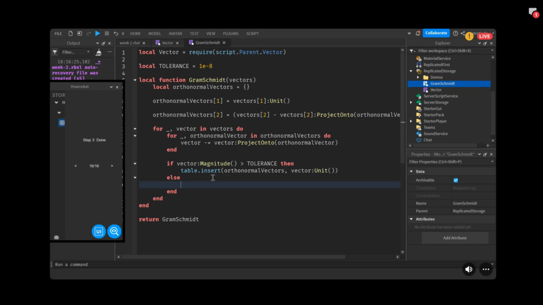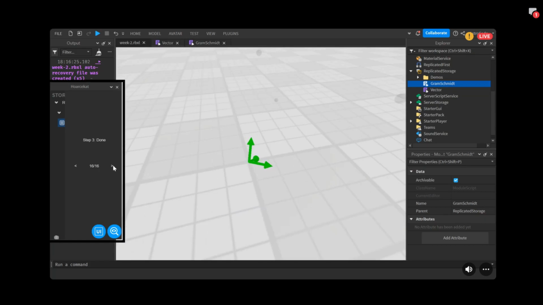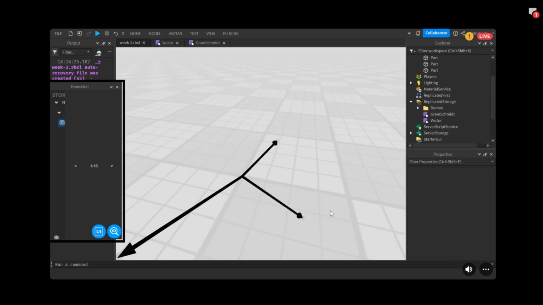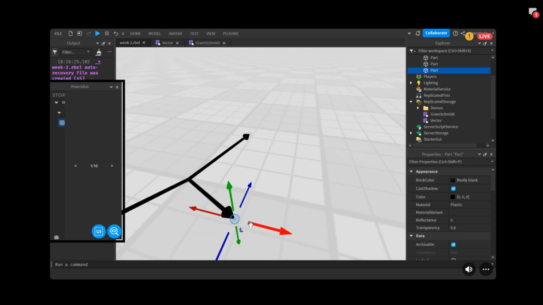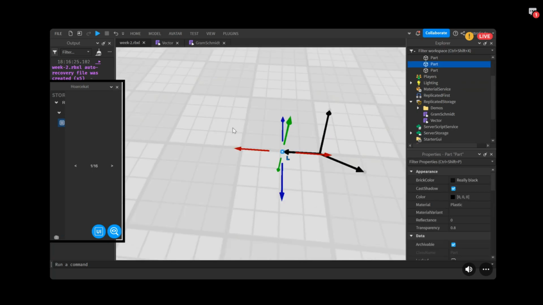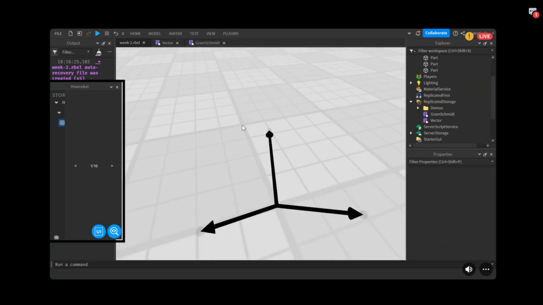So what does it mean if our magnitude ended up 0? What it means is that we have a case like this. Say we've selected this vector here, and it belongs to the plane that these two vectors span.